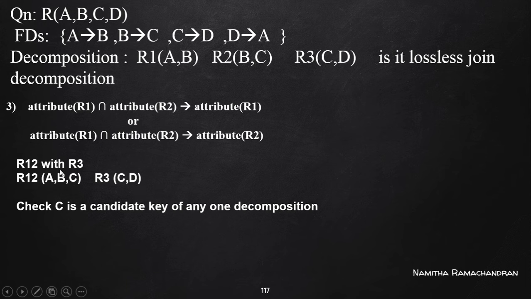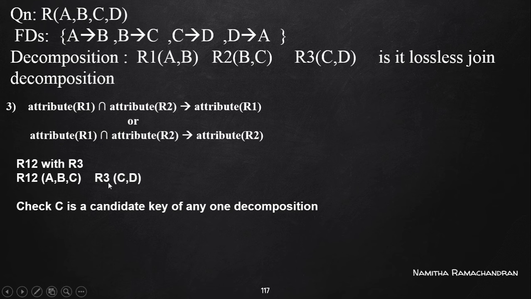The first condition is already satisfied. Do we have any common attribute between R12 and R3? Here C is a common attribute. Condition 2 is again satisfied. And we want to check condition 3. That is, whether C is a candidate key of either R12 or R3.